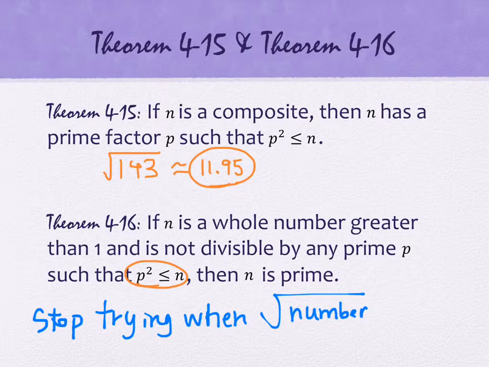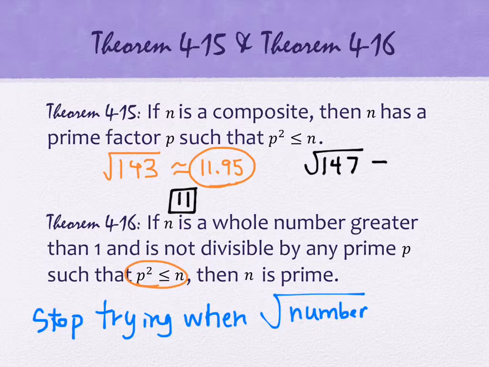On the question that we did the other day, if the same question were asked, the answer would be 11, because it's the biggest prime closest to this value. Now let's say, for instance, that I did the square root of 147. What do you get when you do the square root of 147? 12.12.